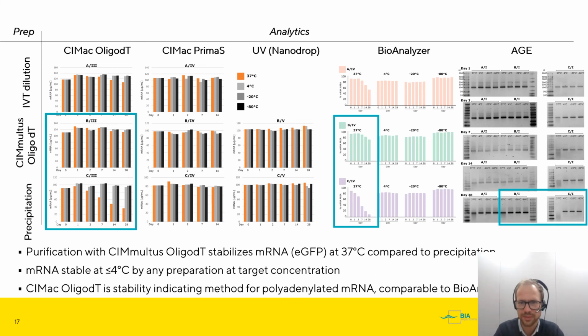We demonstrated that by bioanalyzer, looking at fragmentation, and very clearly also by agarose gel electrophoresis, where we show that precipitated mRNA incubated at 37 degrees for 28 days was practically completely degraded, whereas its counterpart purified by affinity chromatography showed only very insignificant amount of degradation under the same incubation conditions.